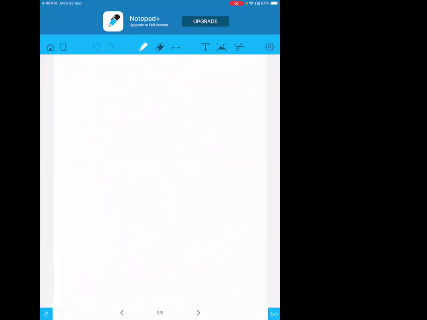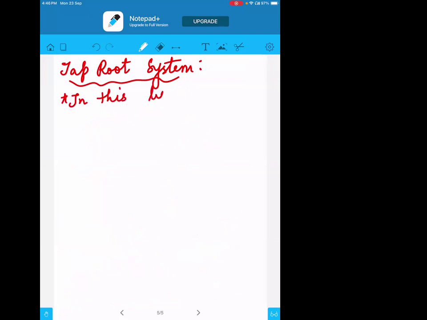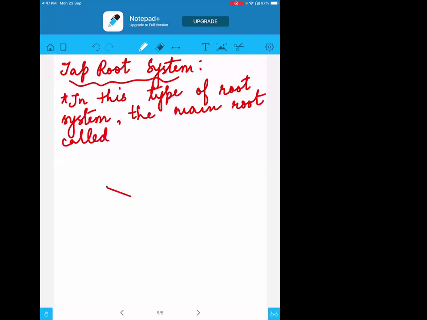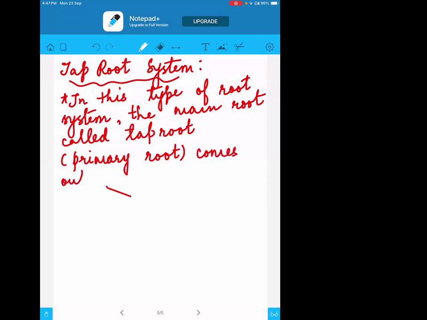Okay. Coming to the writing part, tap root. In this type of root system, the main root, called the tap root, which is also called the primary root, comes out from the seed after germination.